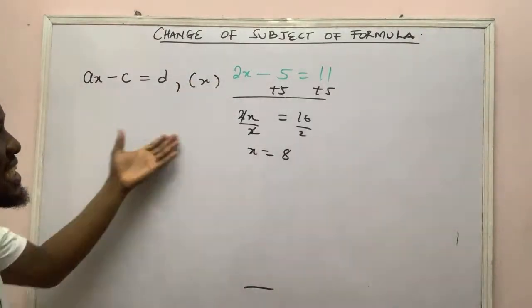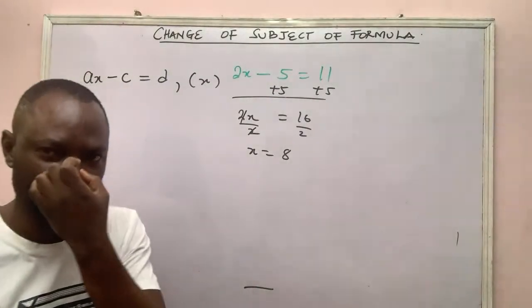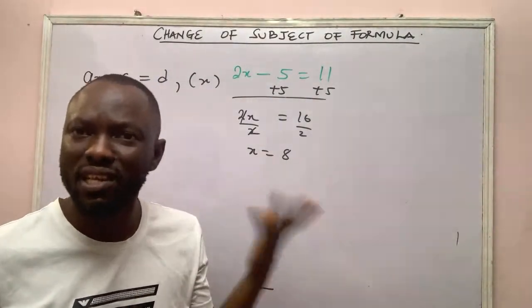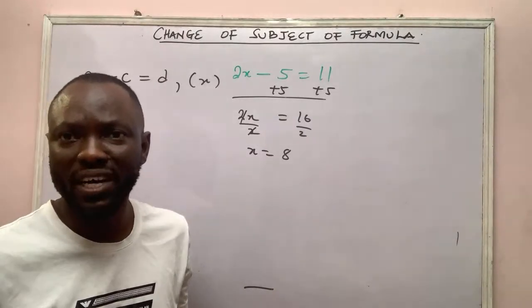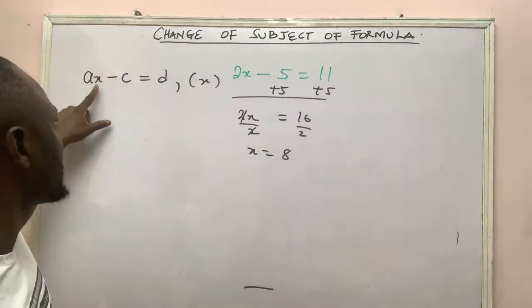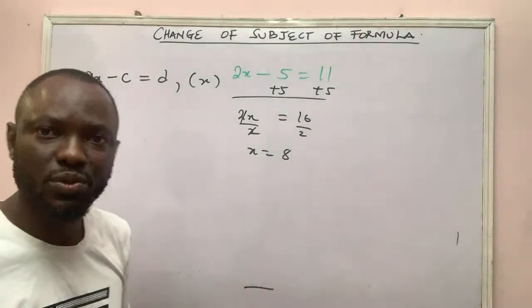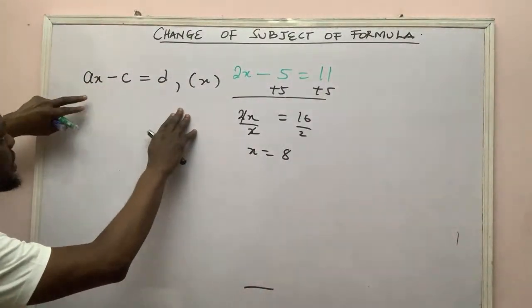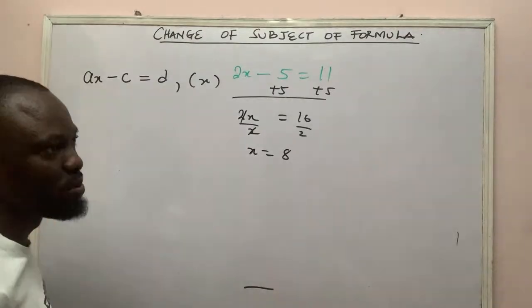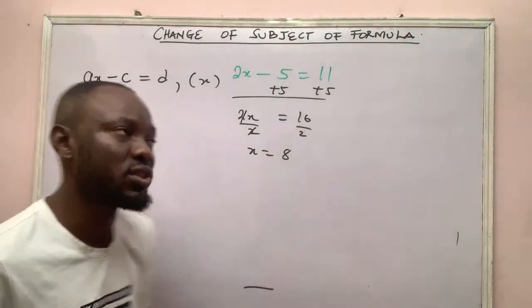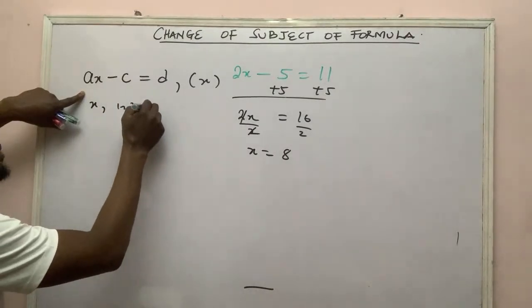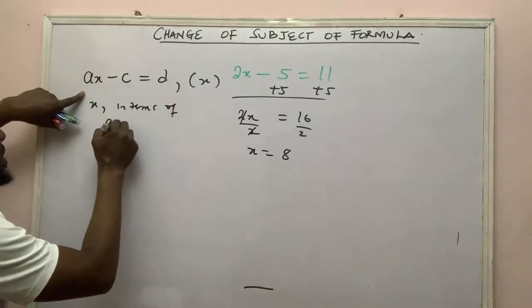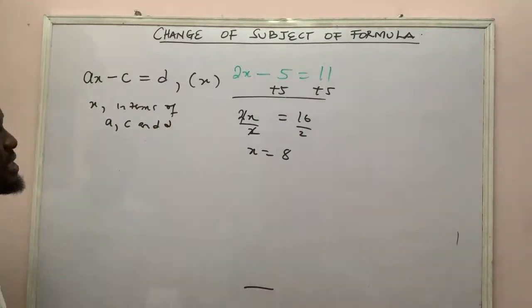It's basically the same thing you do when you solve a problem in linear equations. You just want to express x in terms of the other variables. So in this case, to make x the subject of the formula means that we want to express x in terms of a, c, and d. Basically, that's what we're doing.